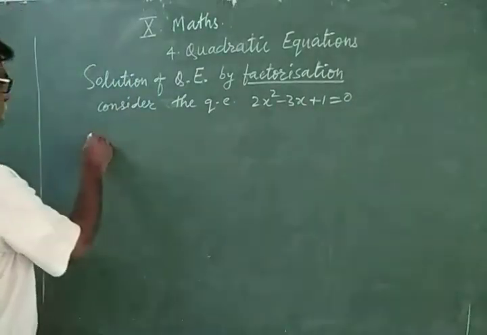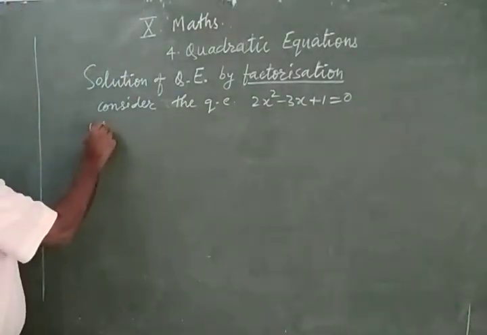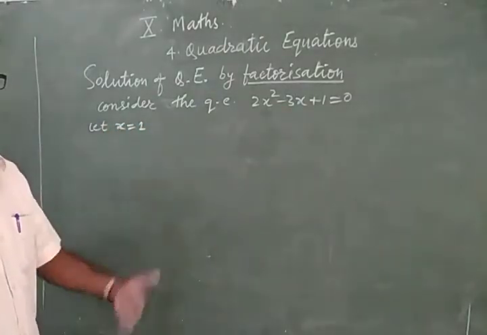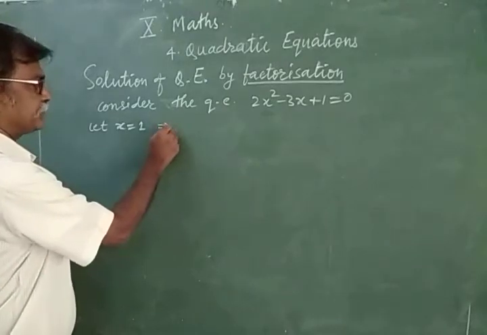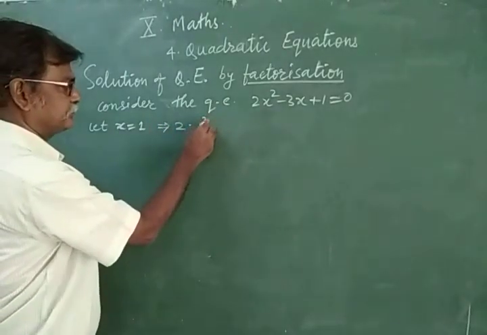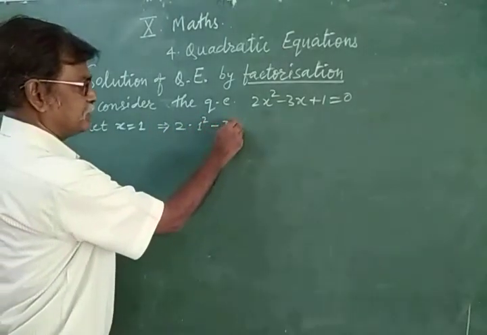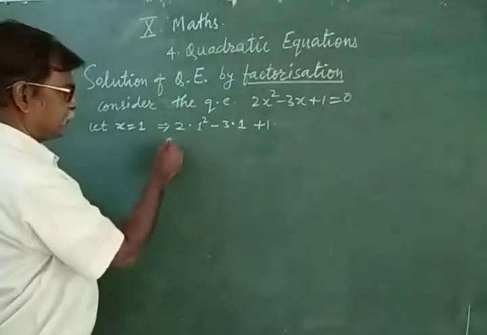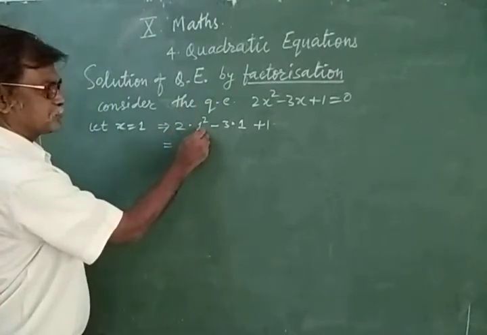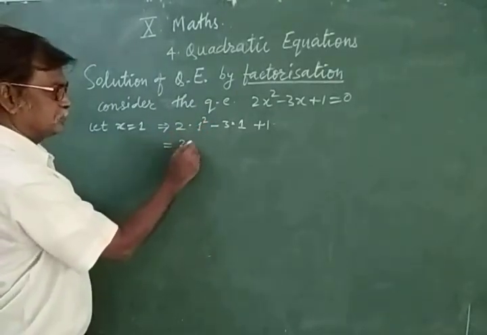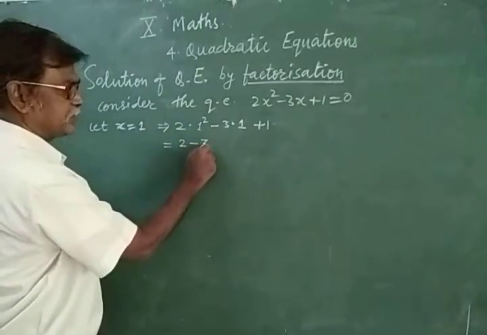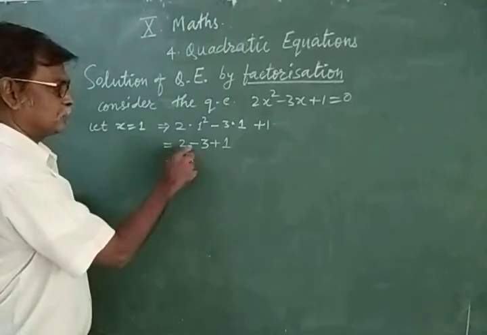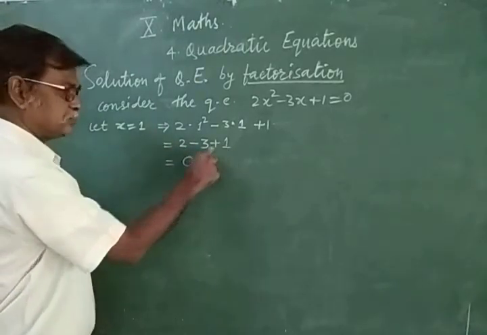So let x is equal to 1, we will try. So we get 2 into 1 square minus 3 into 1 plus 1, simplify it. 2 into 1 square is 1, so 2 into 1 is 2, minus 3 into 1 is minus 3, and plus 1, and it is equal to 0. 2 minus 3 plus 1 is 0.